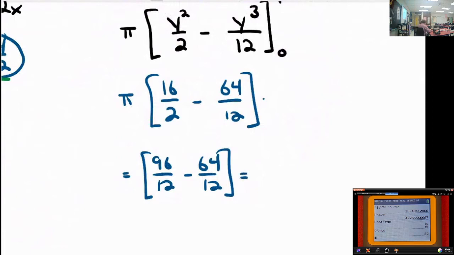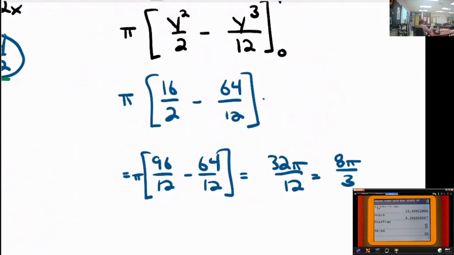So this is, oh, there's a pi there too. So this is 32 pi over 12, which will reduce down because 32 divides by 4, and so does 12. It's going to be 8 pi over 3.